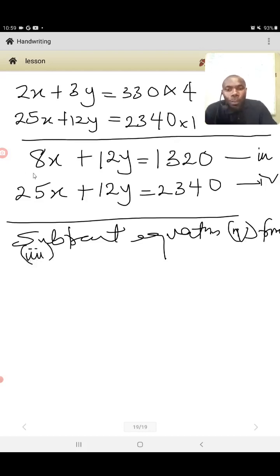So 8 minus 25 will give you minus 17x. 12y minus 12y should be 0. Then 1320 minus 2340.